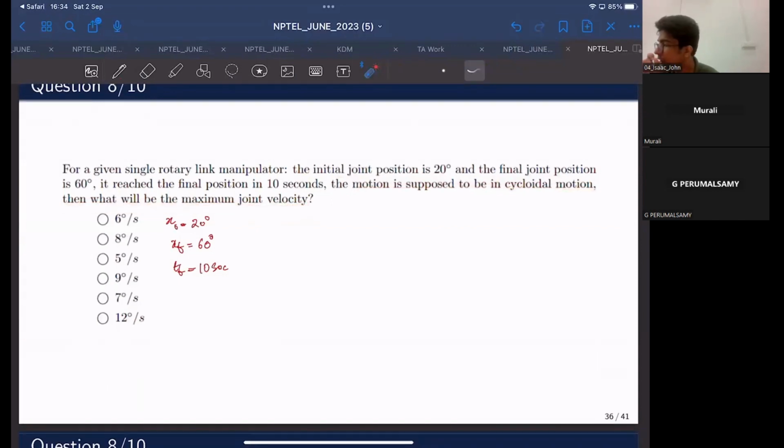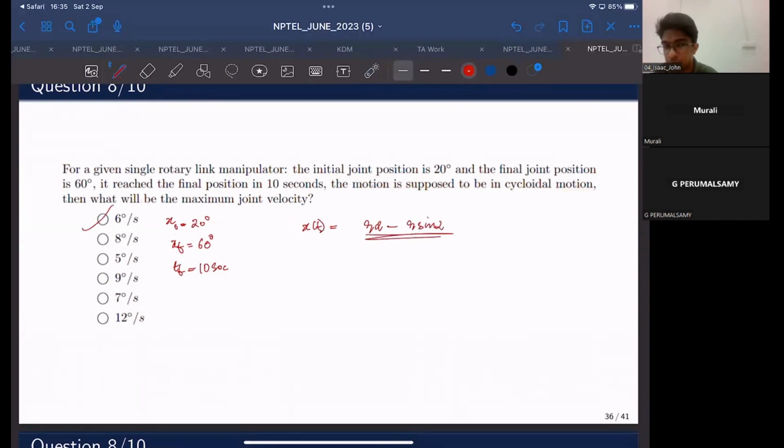I have obtained the option as option 1, 6 degrees per second. Let us see whether that is the case. So I hope you can recall the equation of the cycloid: r alpha minus r sin alpha.